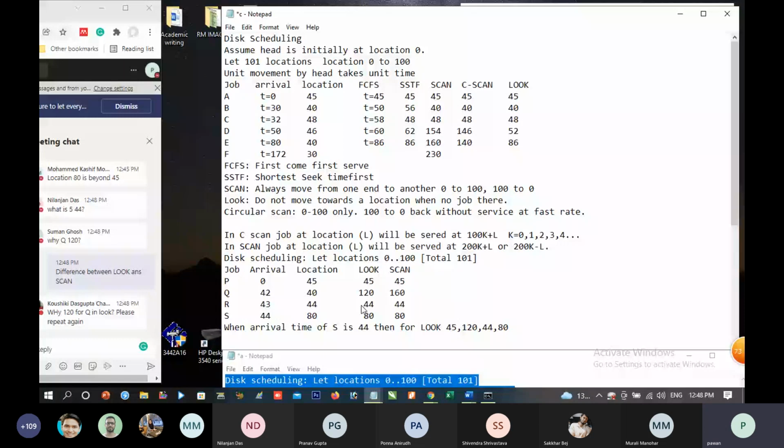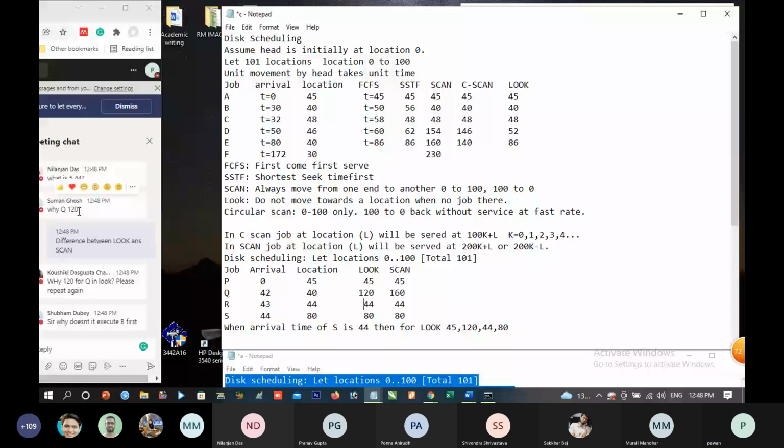At time t equal to 80, we shall start returning from 80 towards 0. Suman, do you understand this? This is why Q is 120. Why Q is 120?